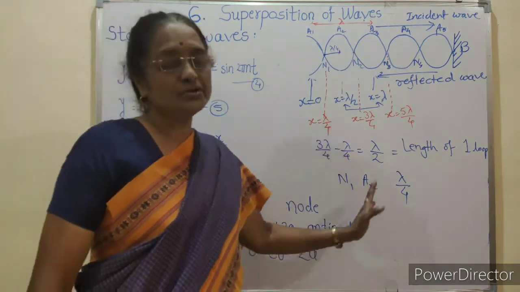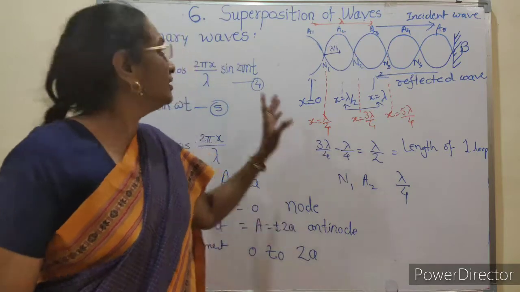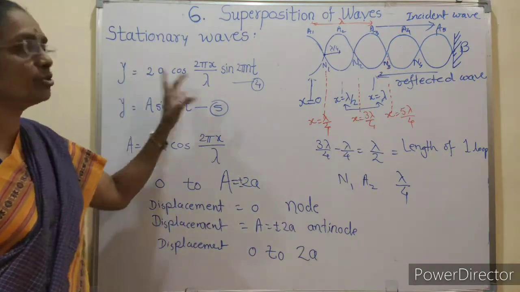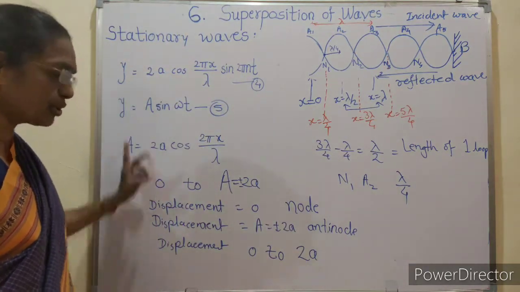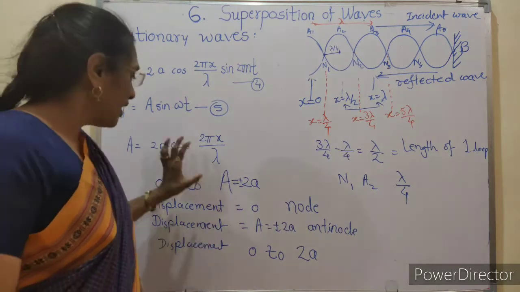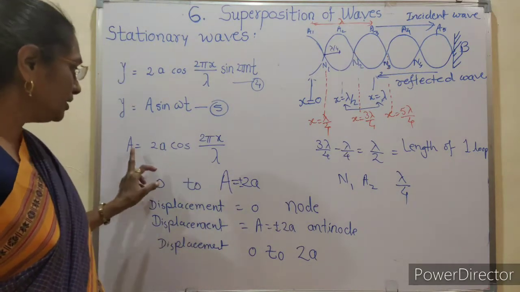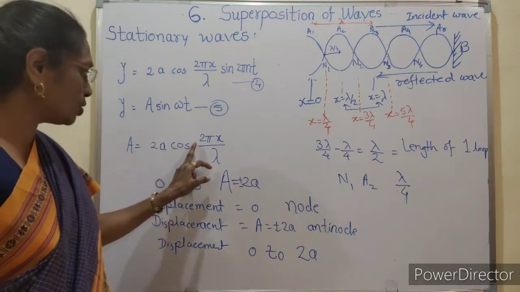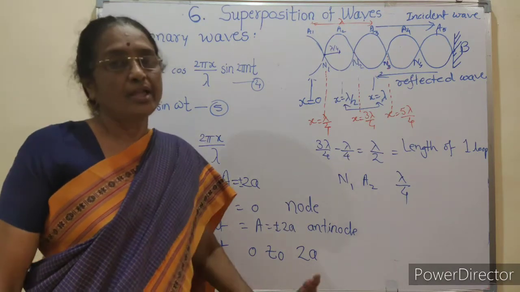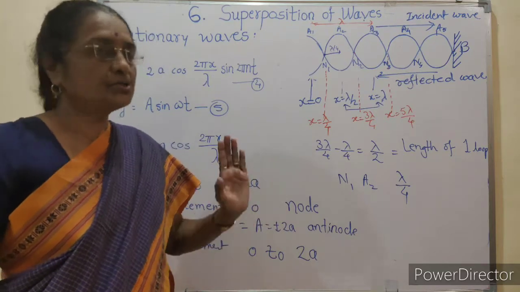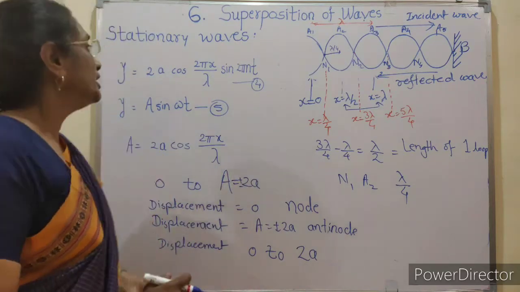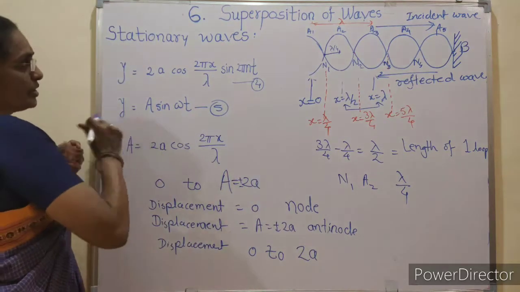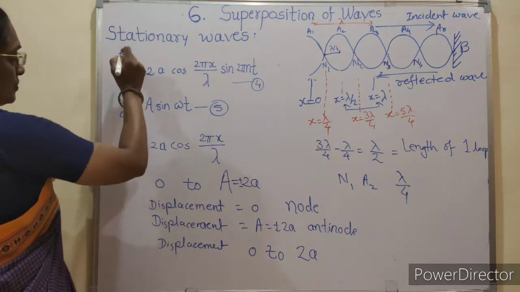Such points we have explained in the formation of stationary waves, according to this equation and particularly the expression of A equal to 2a cos(2πx/λ). These points we have to include in the properties of stationary waves.